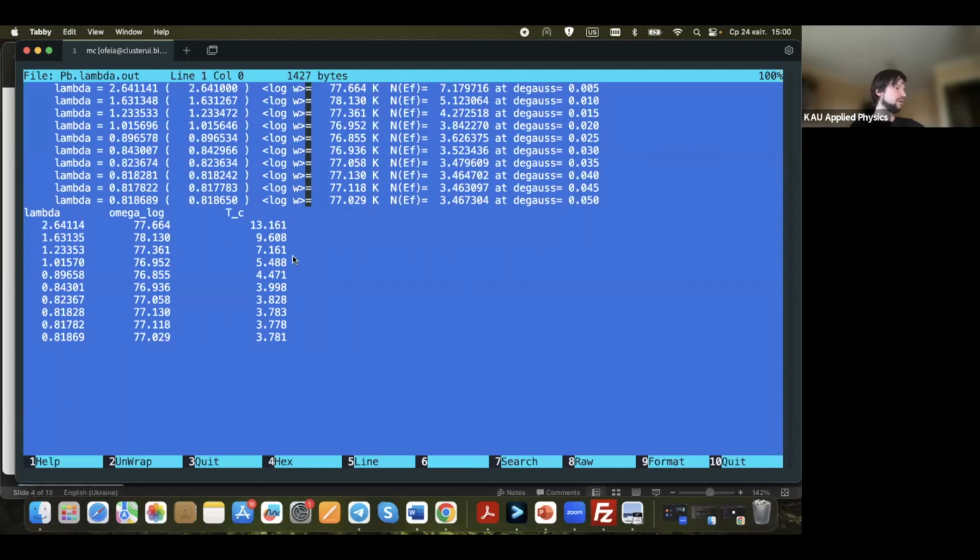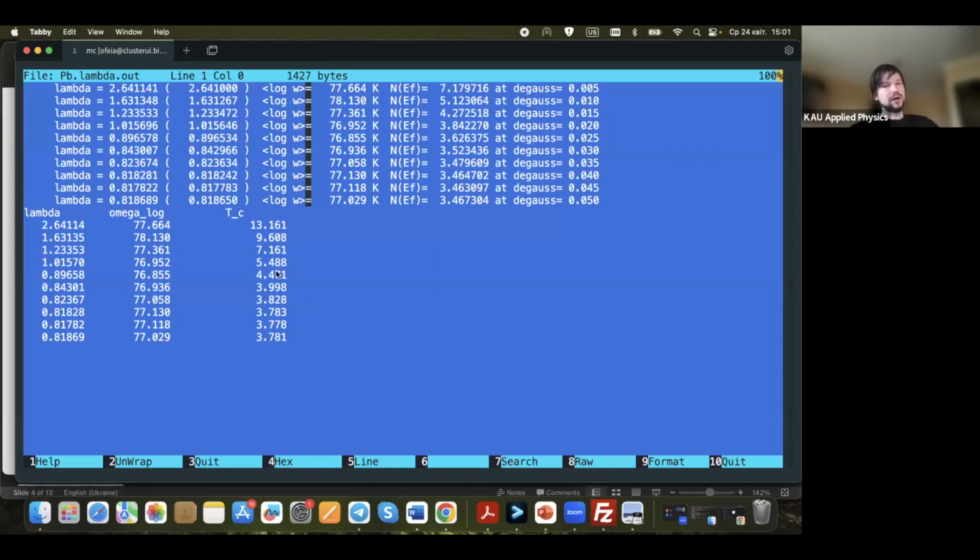With this accuracy, this theory, and this semi-empirical formula for TC, because we have this Coulomb screening potential, we can get from almost 4 Kelvin to 13 Kelvin.